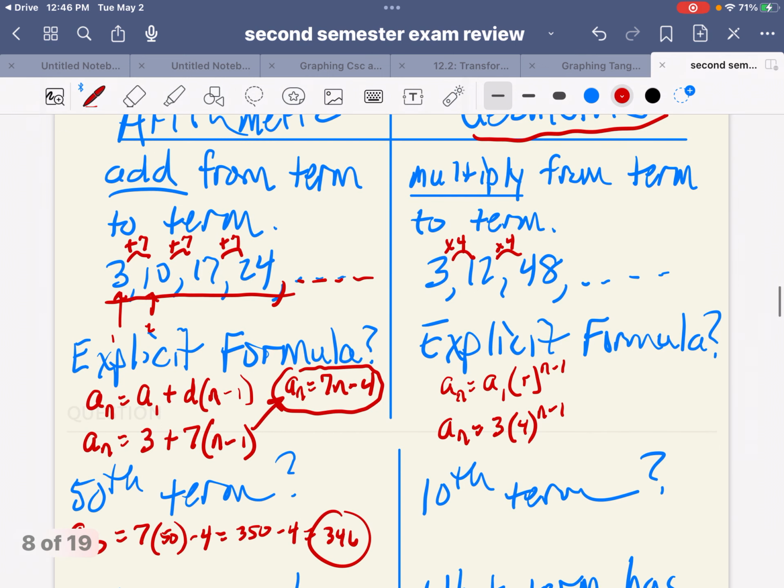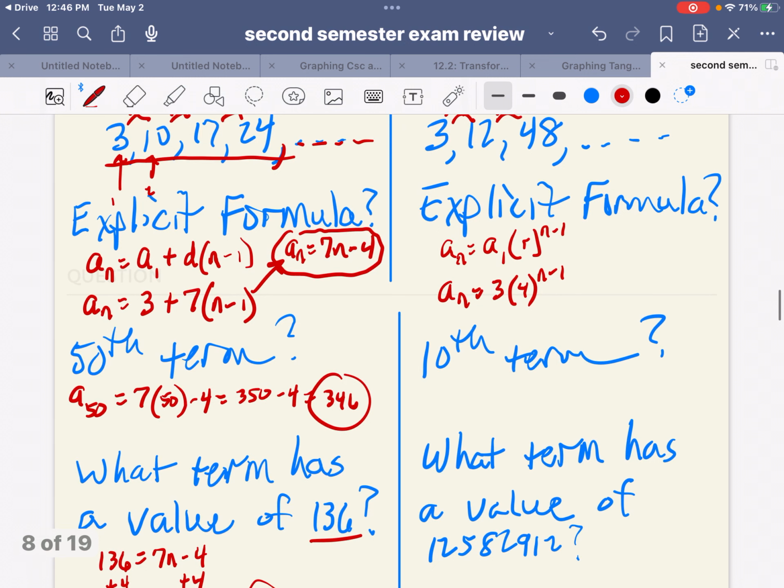So then if I say what is the 10th term, that's a sub n equals 3 times 4 to the 10 minus 1. So that would be 3 times 4 to the 9th power. And that's going to be a very, very large answer.